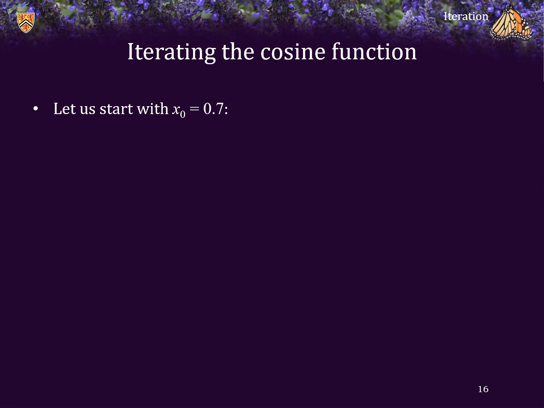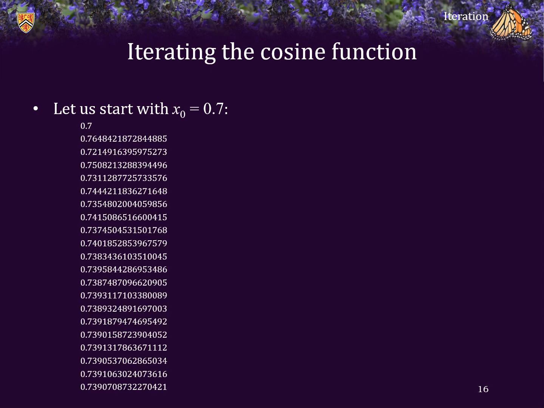All right, let's iterate the cosine function, and let's start with x is equal to 0.7. Well, after 20 iterations, the first 3 digits seem to have converged, but that's about it.